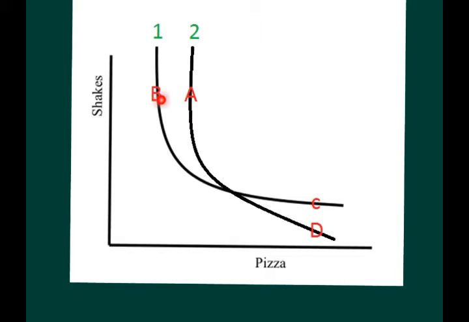Well, because here we're saying B is not as preferred as A, and yet C is more preferred than point D. So how could these 2 points, B and C, be indifferent between each other, and these 2 points, A and D, be indifferent between each other, and yet in one case, curve 2 is less preferred than curve 1, and in another case, curve 1 is less preferred to curve 2.